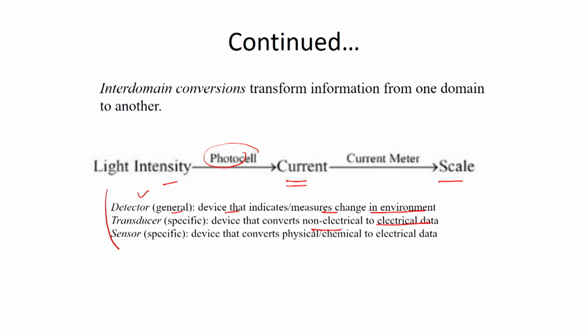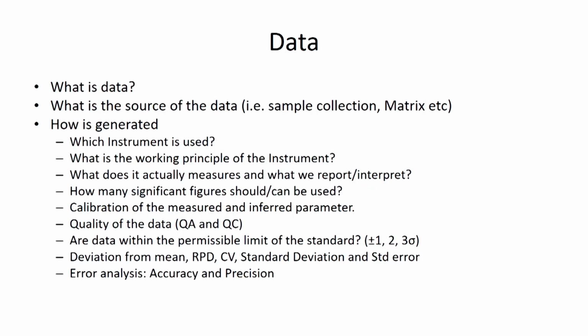A sensor is a device that converts any physical or chemical data to electrical data, and then the electrical data is converted to the measurement. We will discuss these things in the next few lectures, when we talk about data quality and assurance. So I will stop here, and if you have any questions or comments, please do write to me and we can discuss those things.